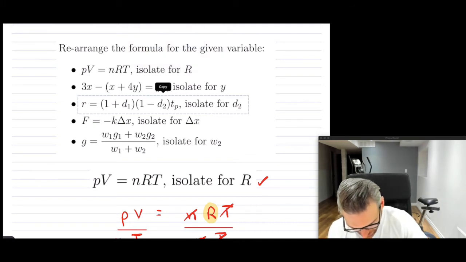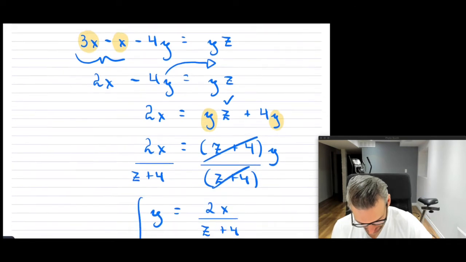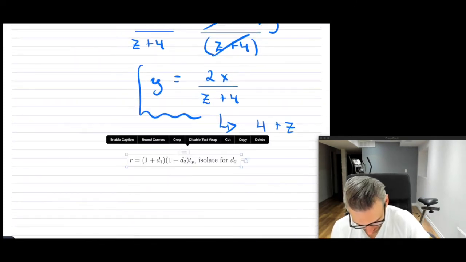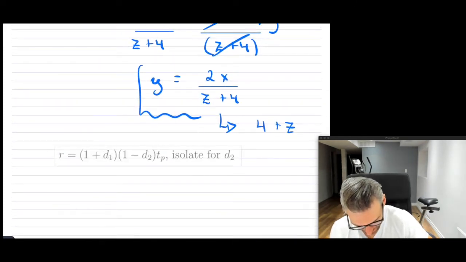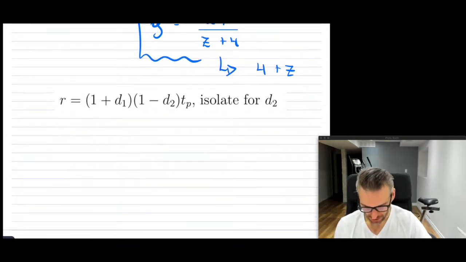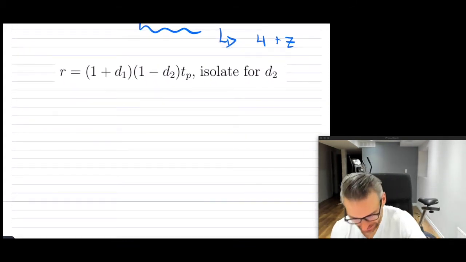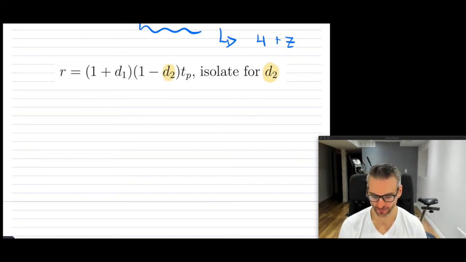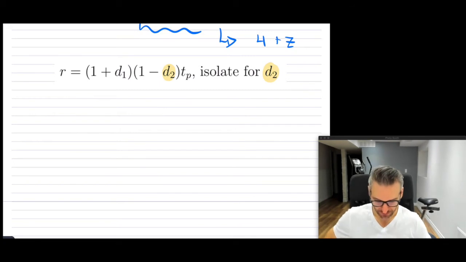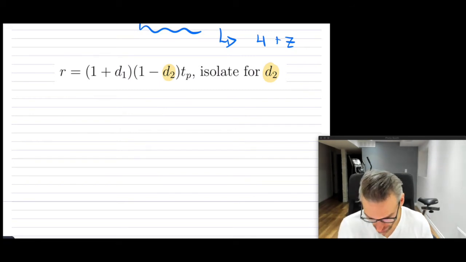All right, let me take this again. Hopefully it works. All right, so this is what we have next. So I want to isolate for D2. This D2 is inside of this bracket. So how am I going to do that?